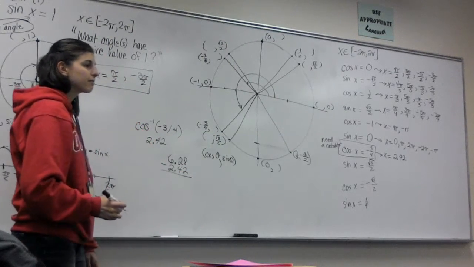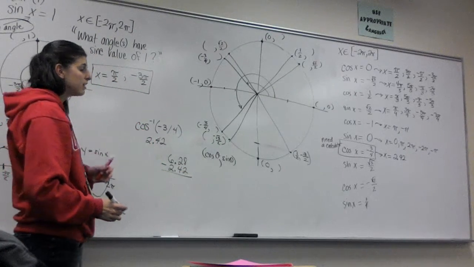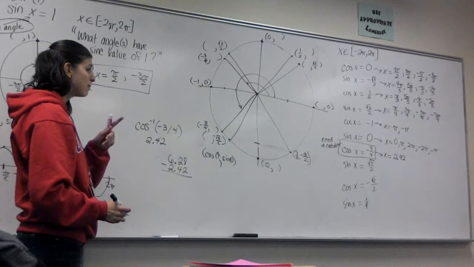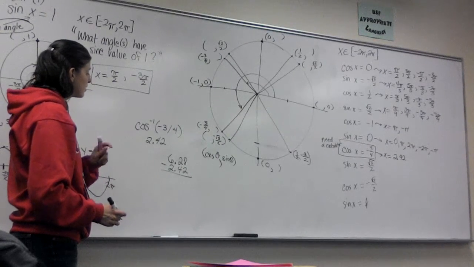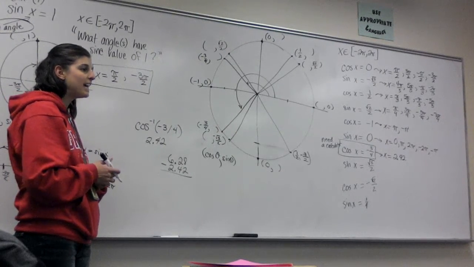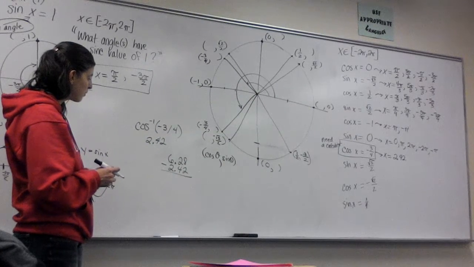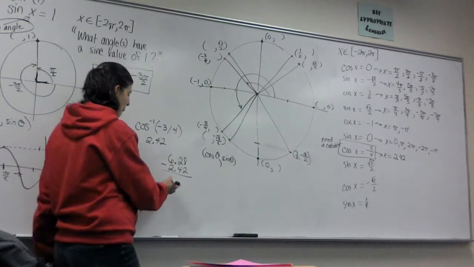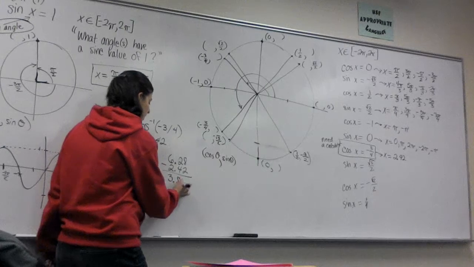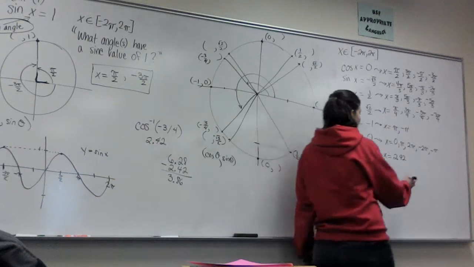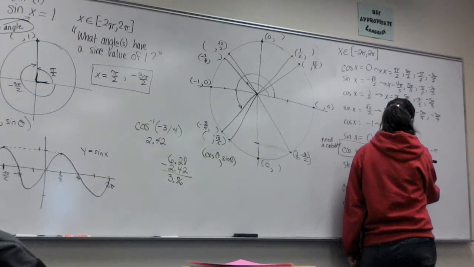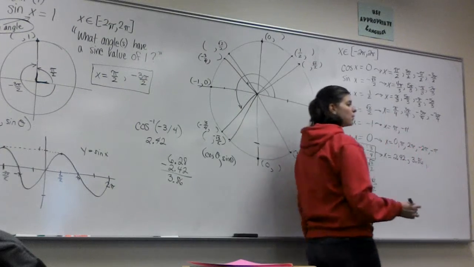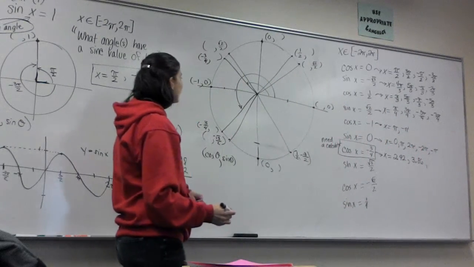What do you get? 6.28 minus 2.42 is what? 3.86. So 3.86 is another solution, but we still haven't gone in the negative direction.